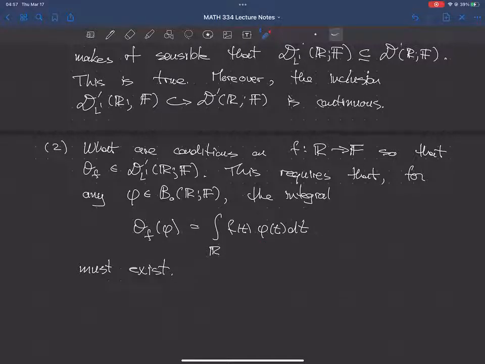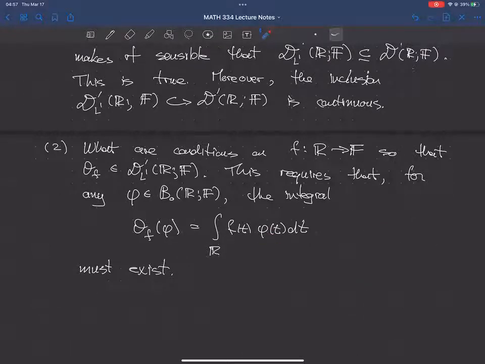So things in C00 of R, those are bounded. And so it's really the boundedness that I get to use here.